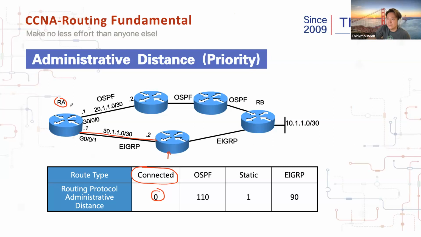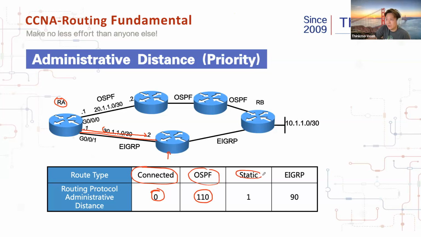If router A needs to go to the IP address 30.1.1.2, it will always choose the directly connected route. So this is the connected route with AD 0, because 0 is the lowest, it will always be preferred. The next one is OSPF with an AD value of 110.